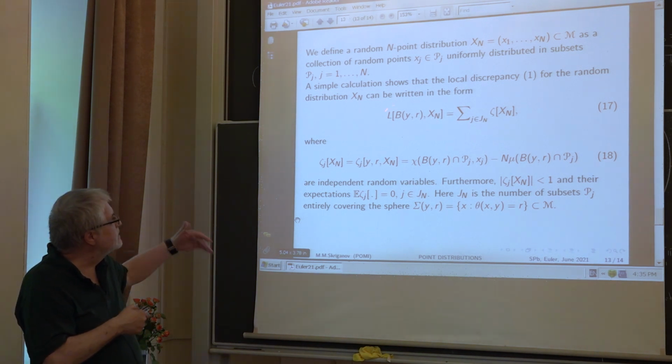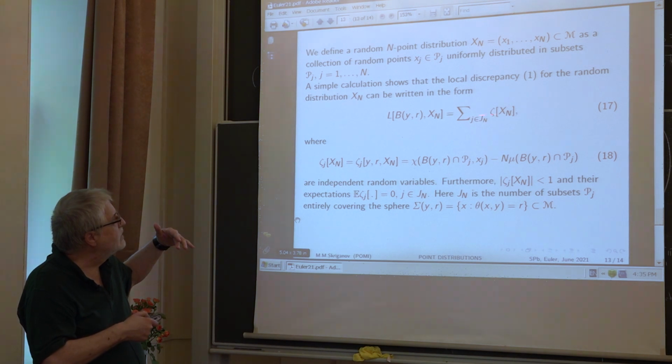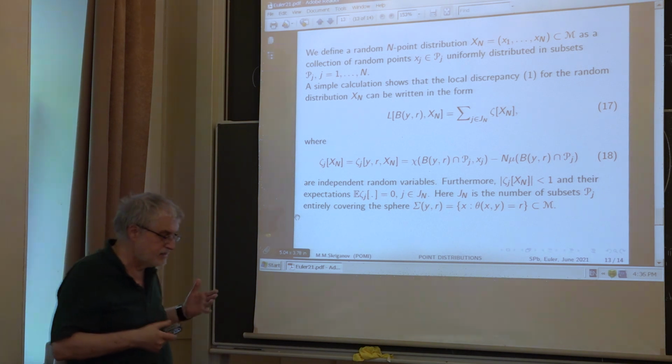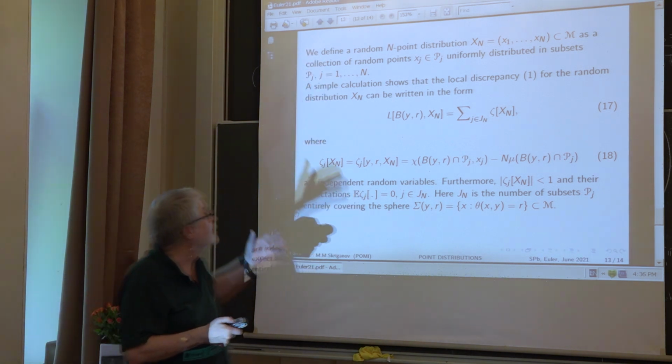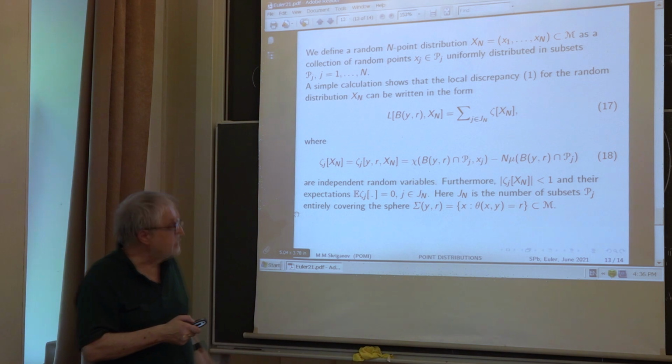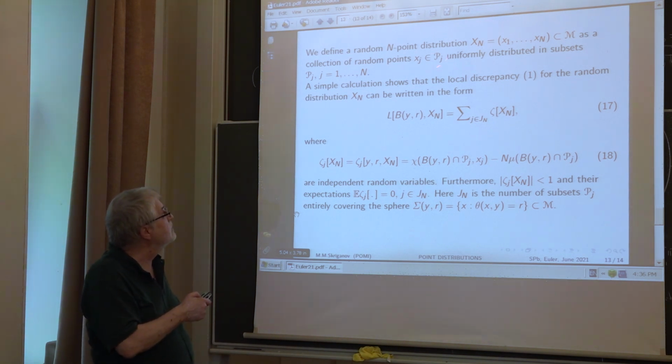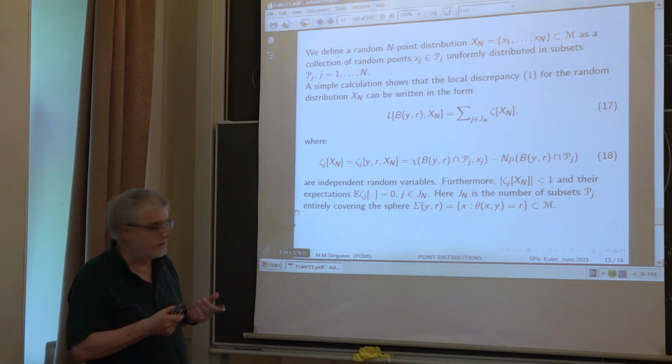It's a random variable that can be written in this form, where these quantities are random variables which are independent, if points are randomly distributed in these sets independently.